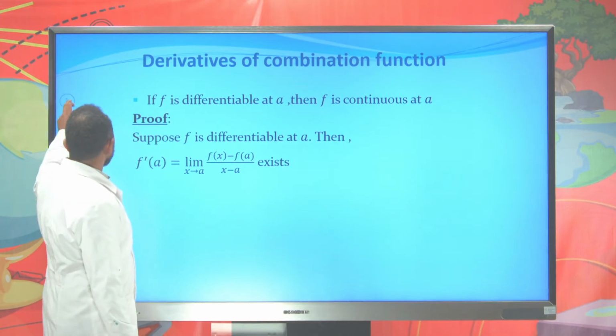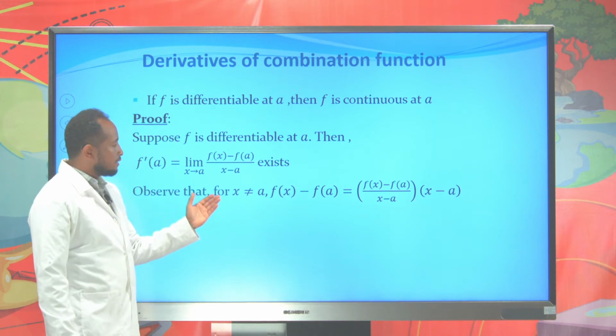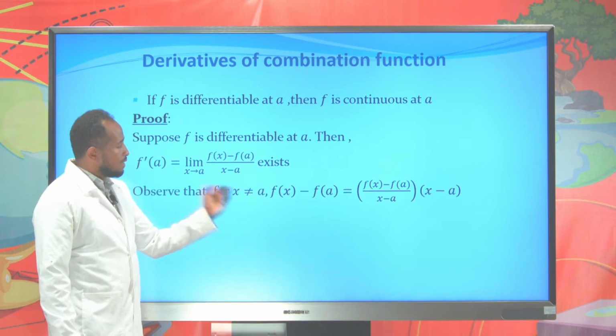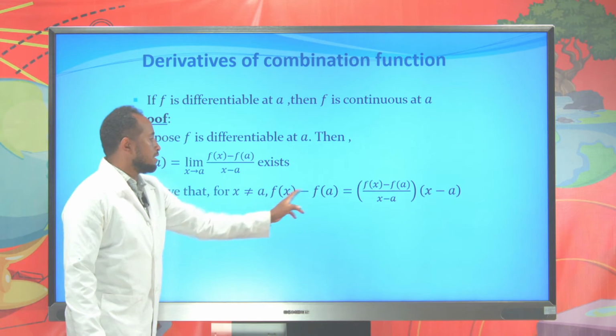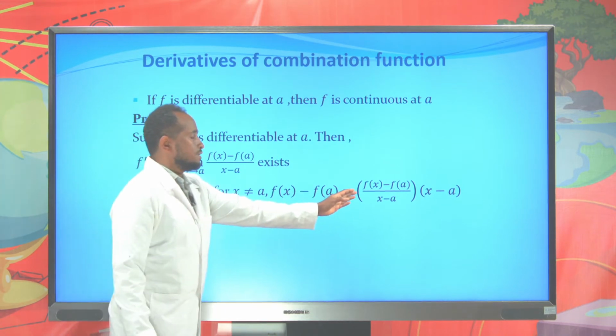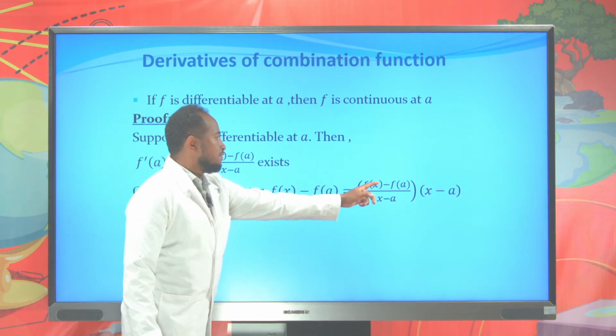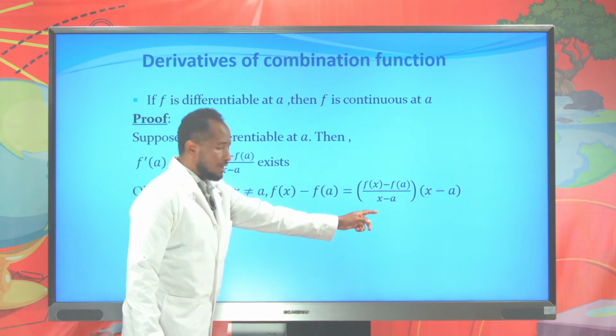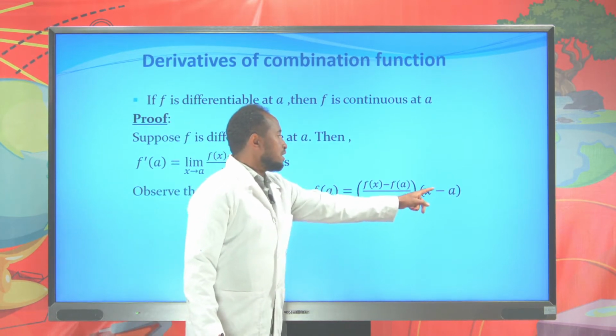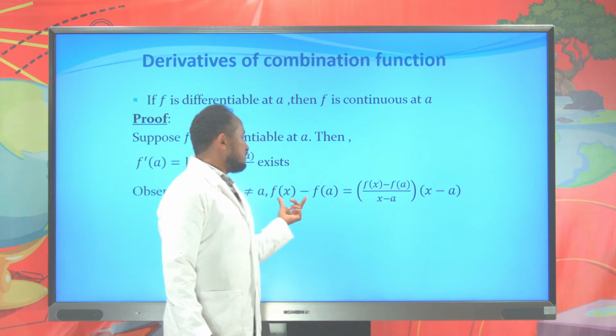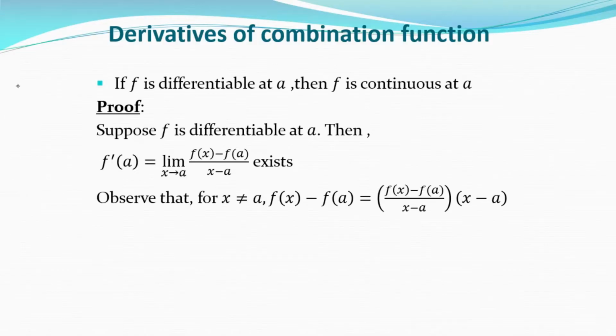So observe that for x different from a, f of x minus f of a is equal to f of x minus f of a over x minus a times x minus a, because you can cancel these two. These two are equivalent.